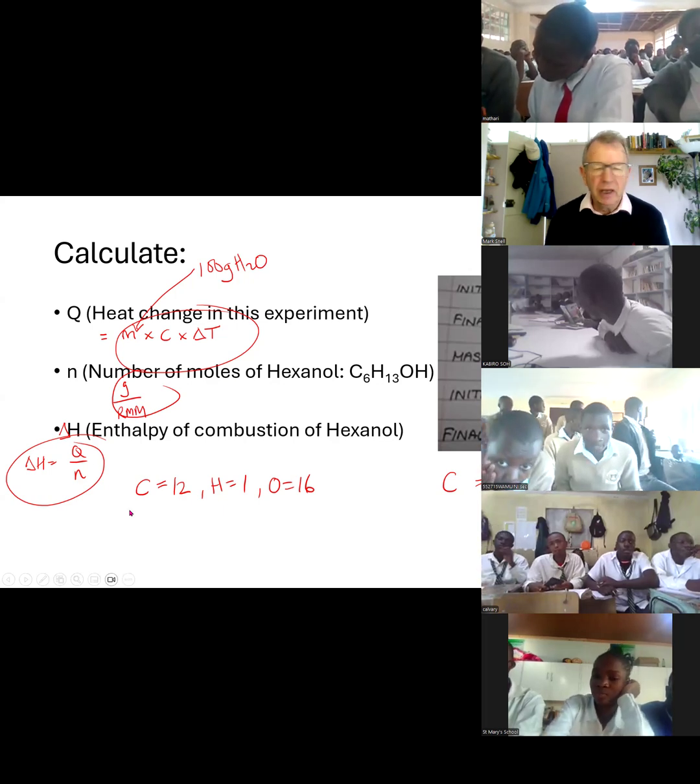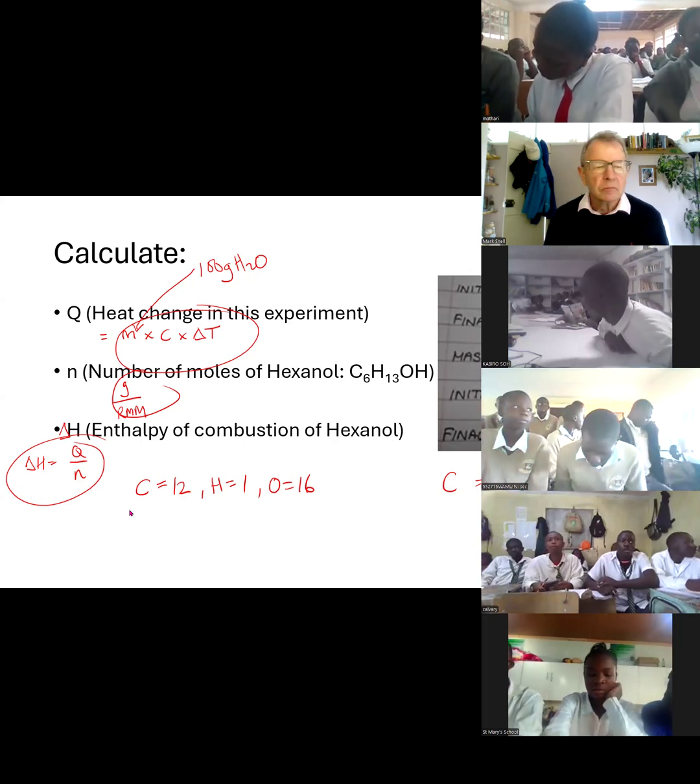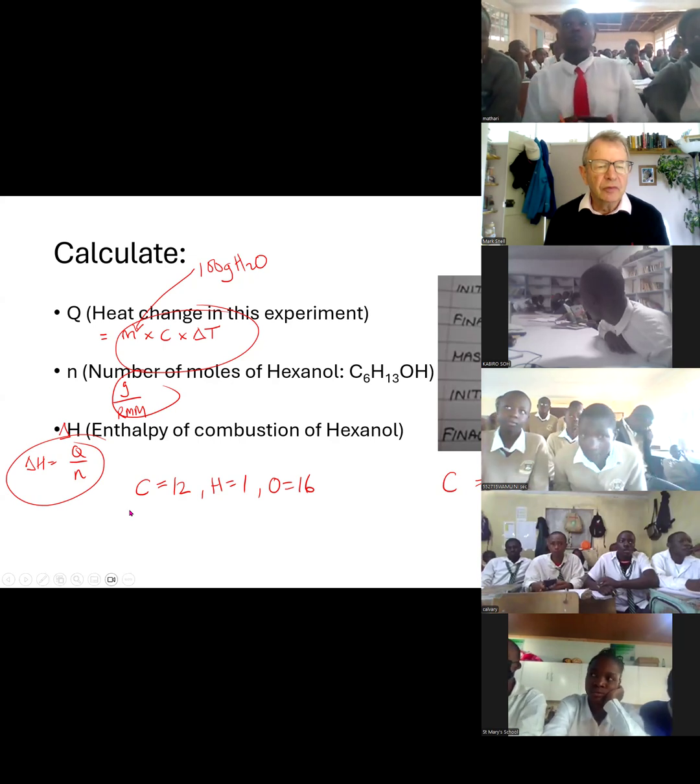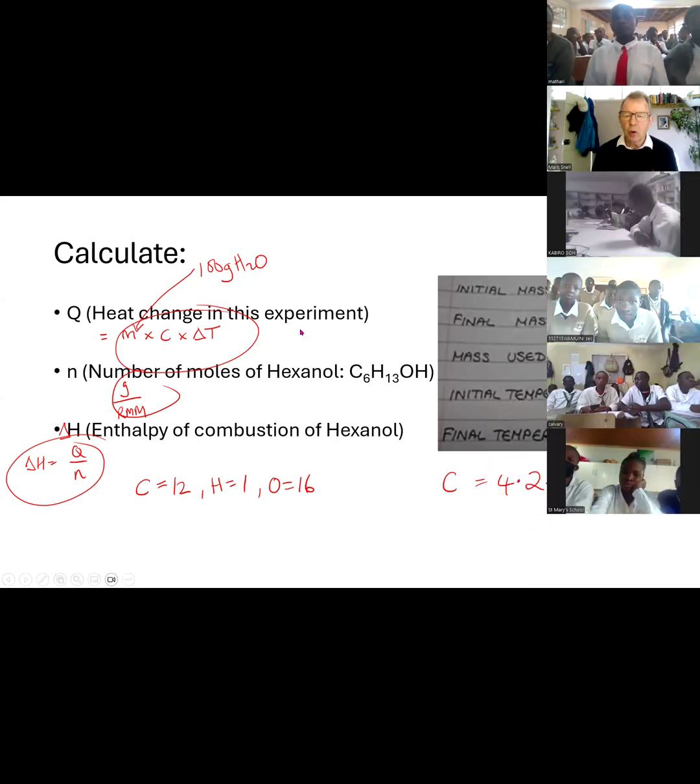Be careful working out the RMM. If you make a mess of that, it is quite annoying.